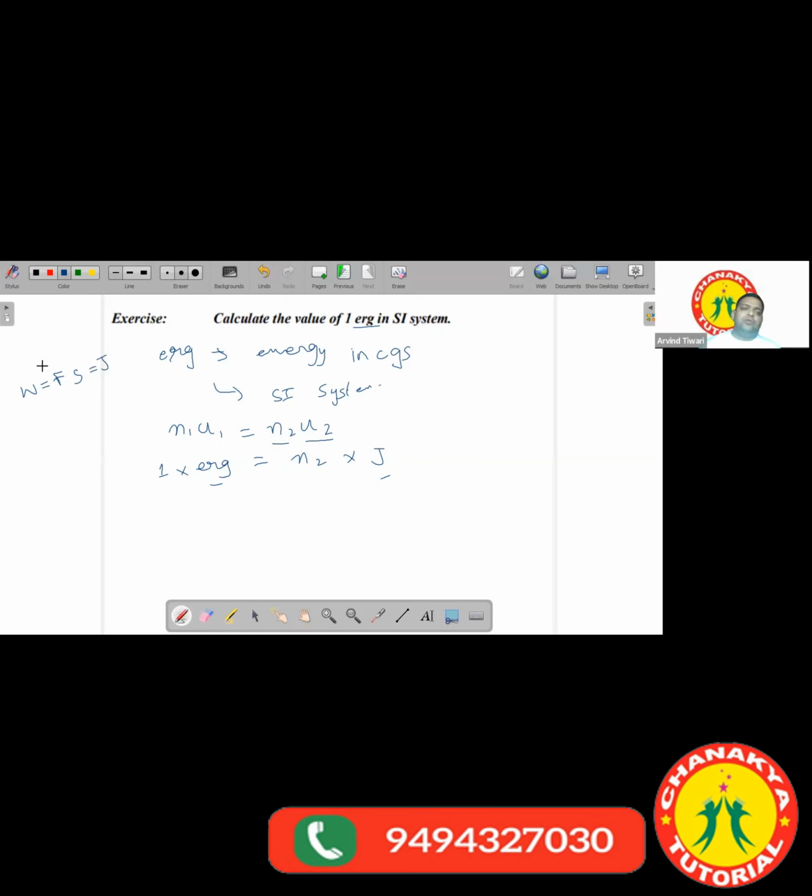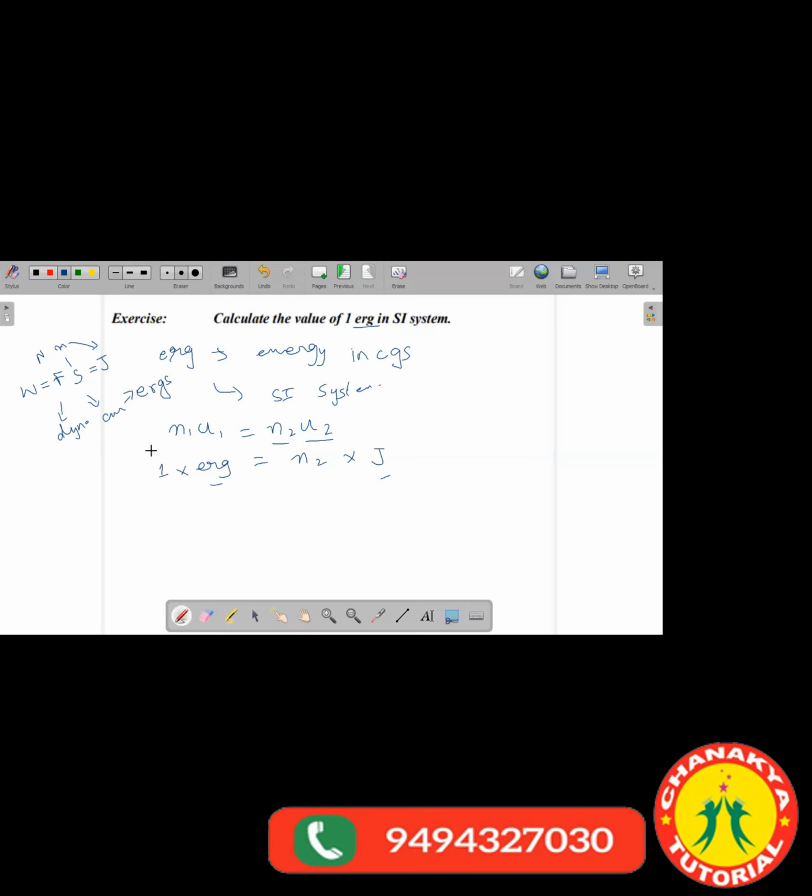If force is measured in Newton and distance in meter, this will be equal to Joule. If force is measured in dyne and distance in centimeter, then what would be the unit? Ergs, right?